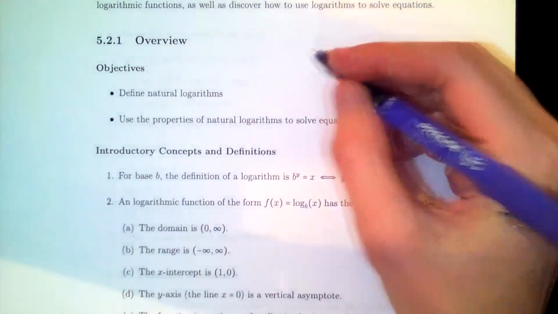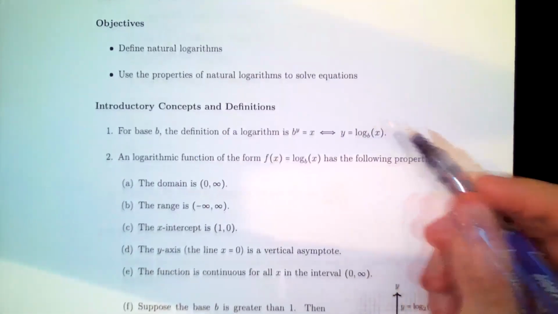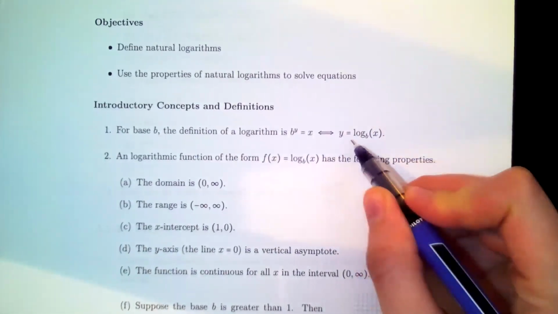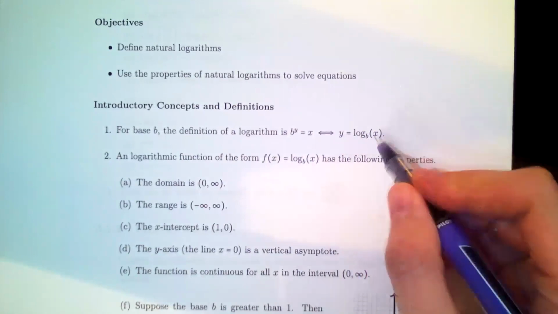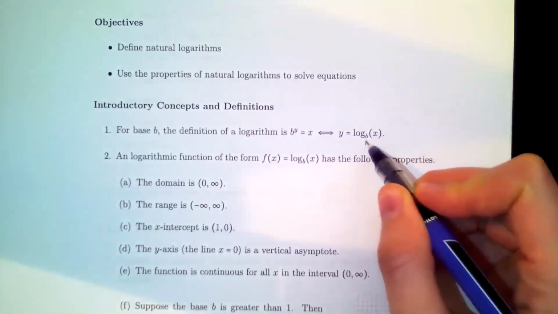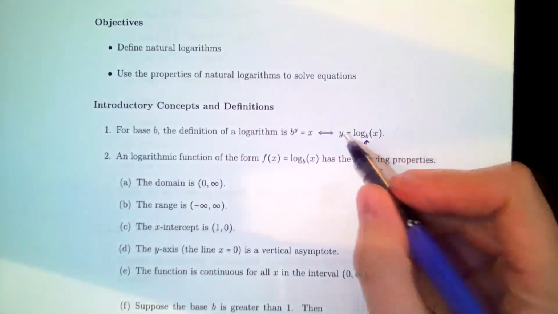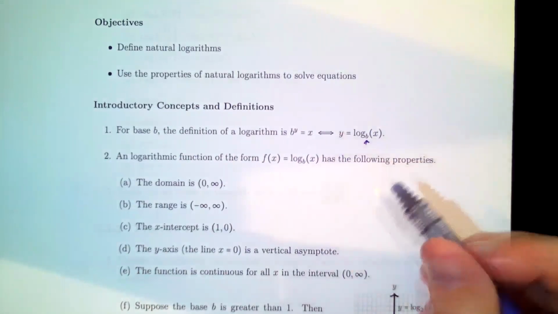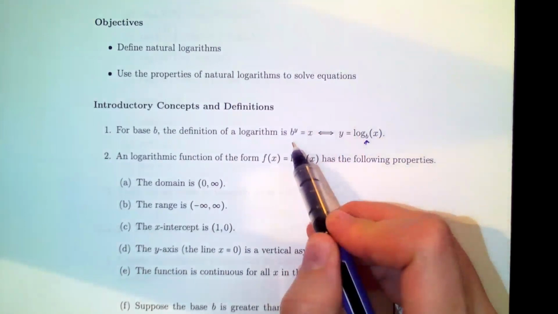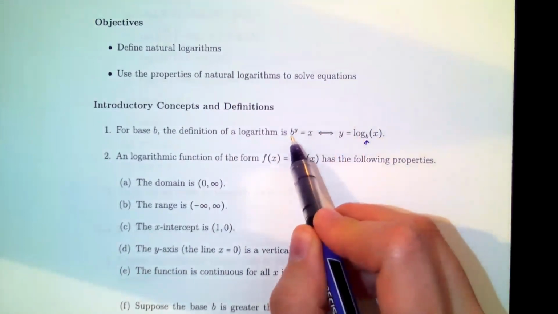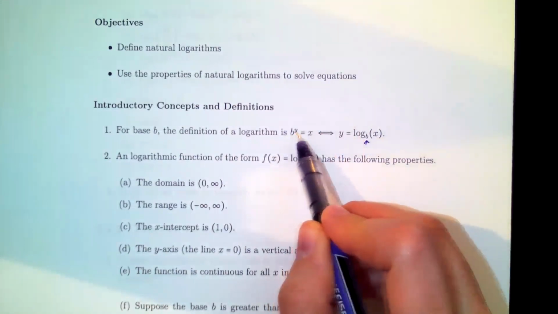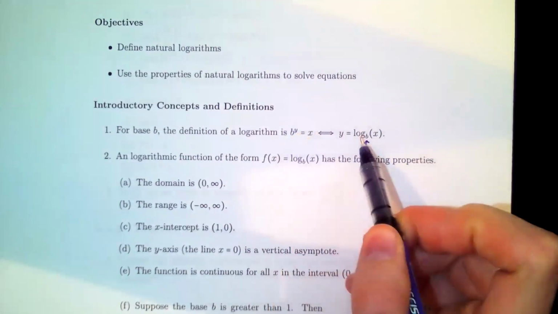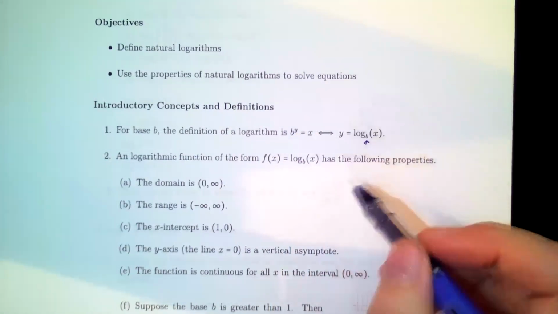Now, a logarithm is always written in this style, y equals log base b of x. So this b here is called the base, and this is a y value. Now, you can think about exponential functions, a number raised to a variable power, as being a logarithm written in a different language and vice versa.